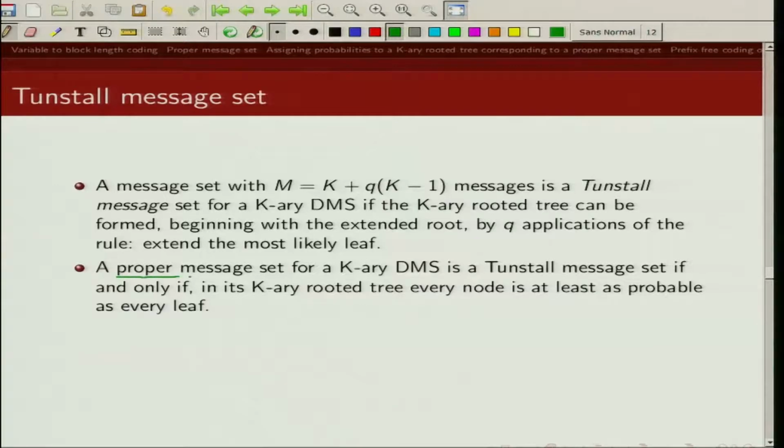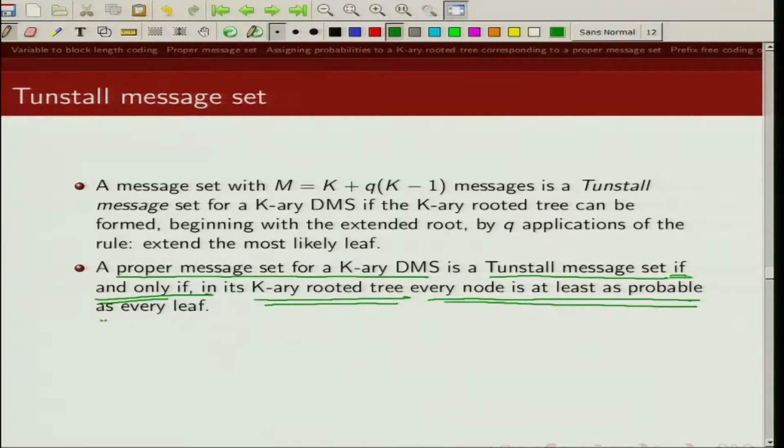So a proper message set of a K-ary discrete memoryless source is a Tunstall message set if and only if in its K-ary rooted tree every node is at least as probable as its leaf. Why would every node be at least as probable as the leaf node?